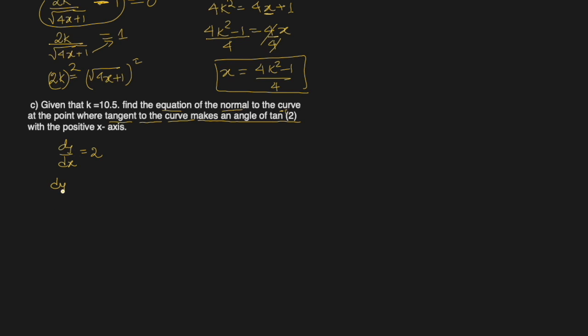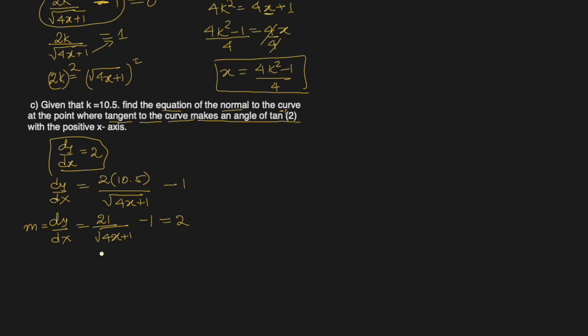So dy over dx will be 2 times 10.5 over square root 4x plus 1 minus 1, and m is 2. That's what we know from here.